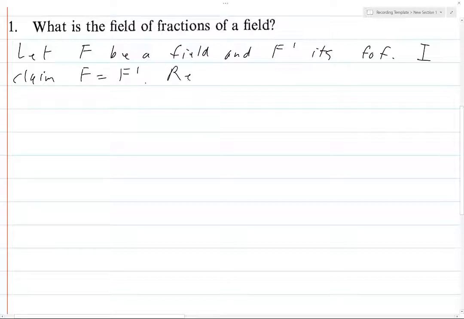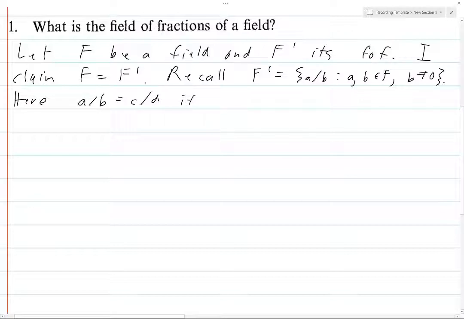Okay, so recall, what do we know about F'? F' equals a over b, where a, b are in F, and b is not 0. Then here, we know by definition a over b equals c over d if and only if ad equals bc.